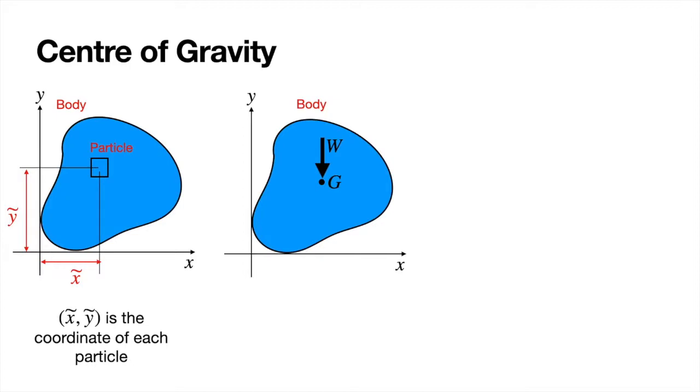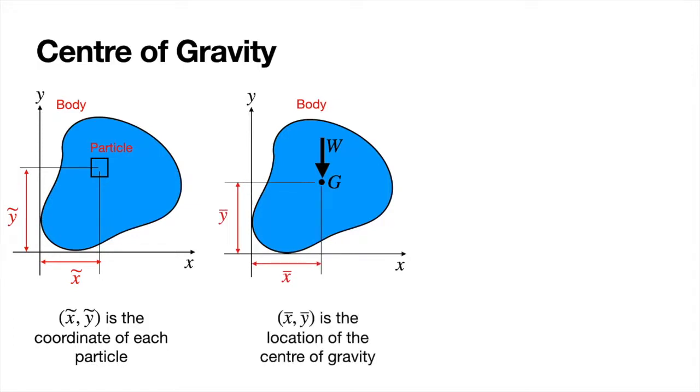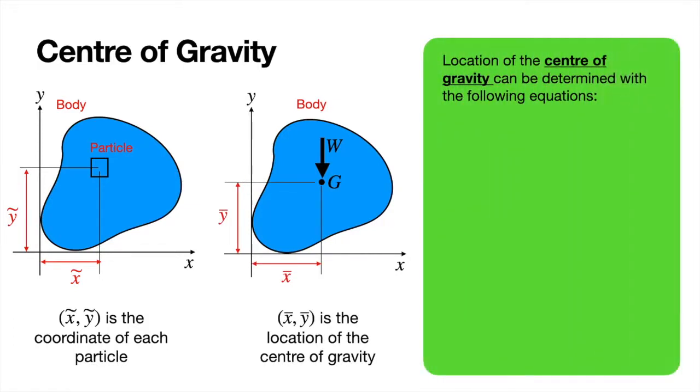On the other hand, the total weight of the entire body, which acts at the centroid of the body, or we label it as the center of gravity or point G, has the coordinates defined as x bar, y bar, and also z bar.